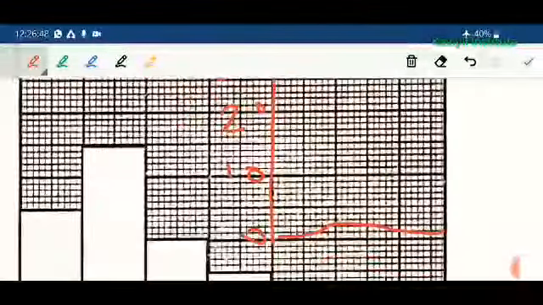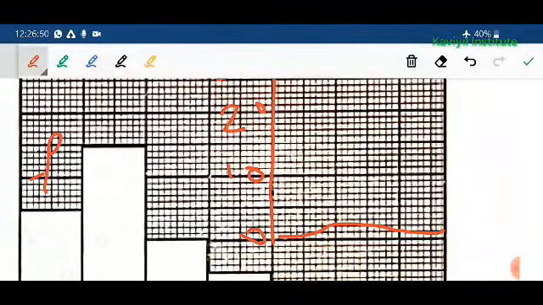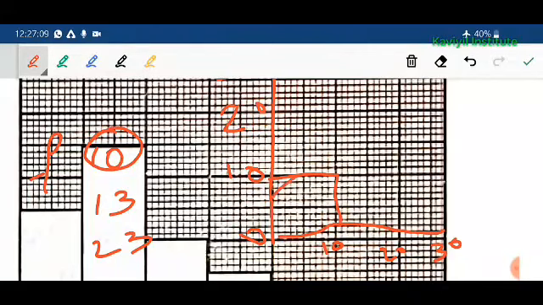So now just observe that the frequency given to us, the first frequency is 10, the second frequency is 13, and the third frequency is 23, right? So the first frequency 0 to 10, then 10 to 20, then 20 to 30. Just imagine. So 0 to 10, the class interval is 10, right? So we can easily draw it here and we will shade it here.